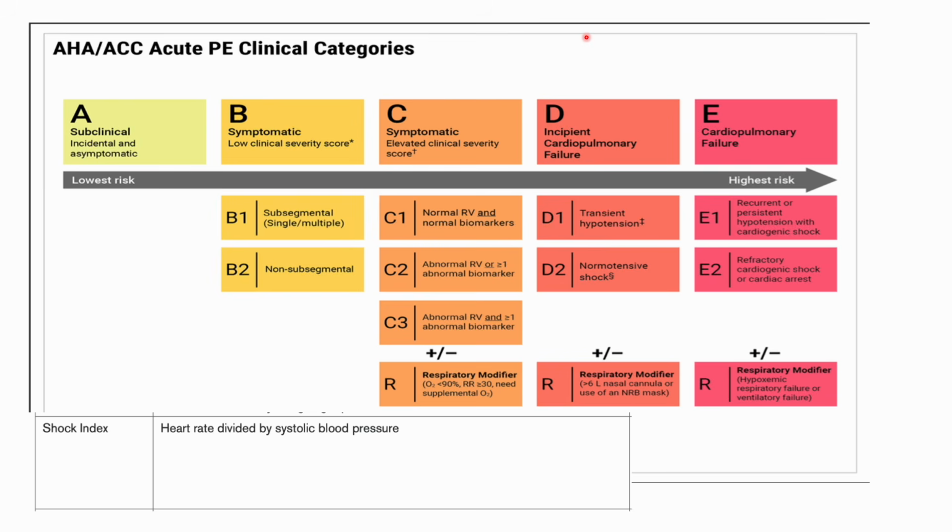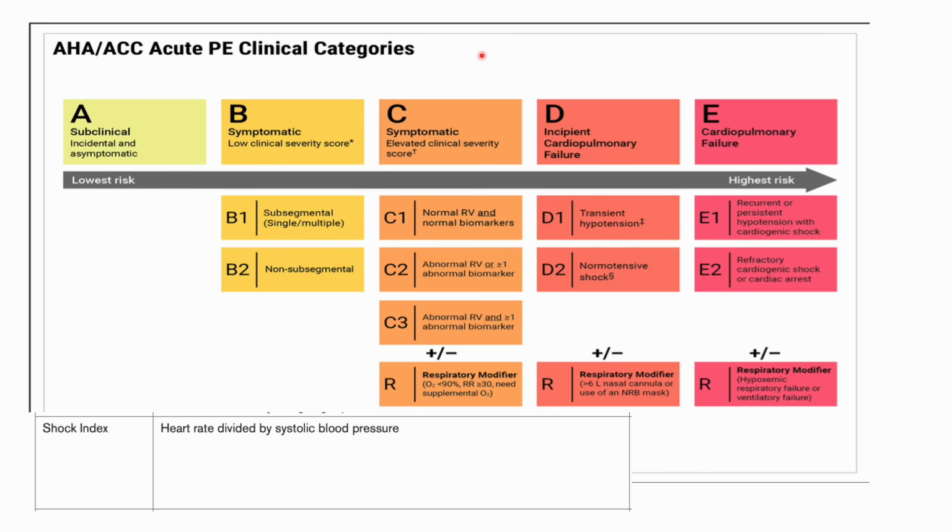But when you move on to category D2, that is normotensive shock, and this requires markers of decreased perfusion or end organ dysfunction. For instance, now showing signs of acute ischemic kidney injury, or now showing persistent lactate elevation. With the transient hypotension, a lot of times we give a trial of IV fluids. And here, a trial of IV fluid would generally be 500 to 1000 ml of IV normal saline.